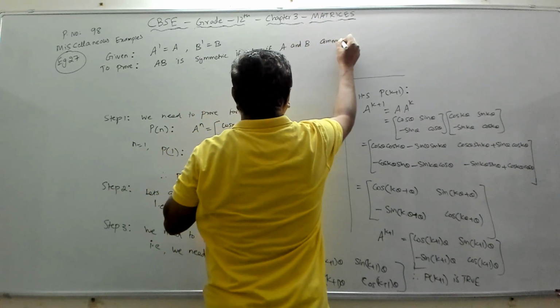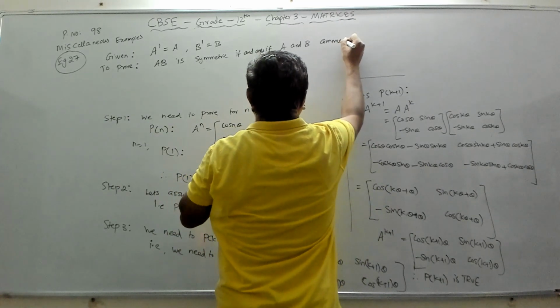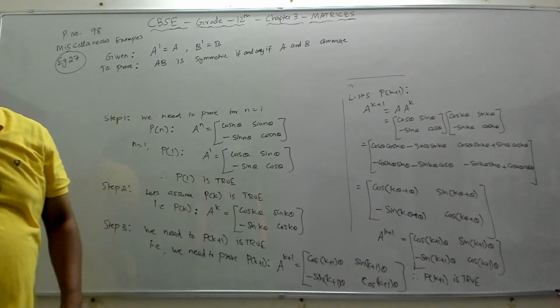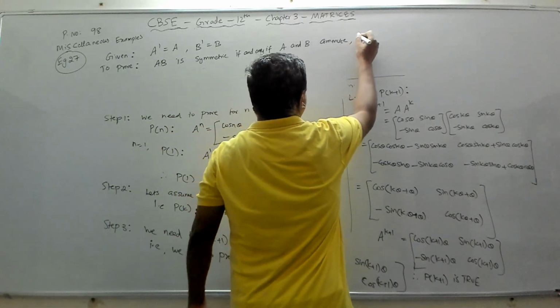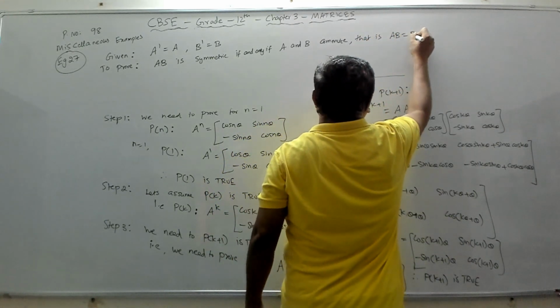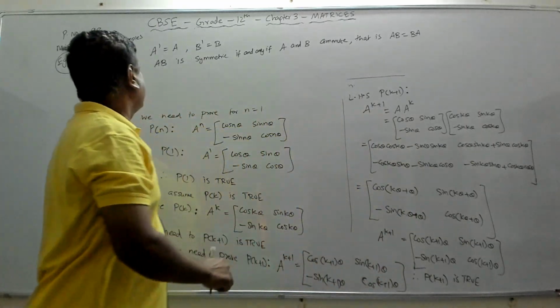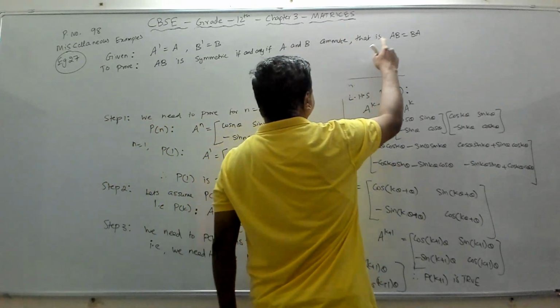Commute means A and B commute, which means AB equal to BA. We have to prove that AB is symmetric if and only if A and B commute, that is AB equal to BA.